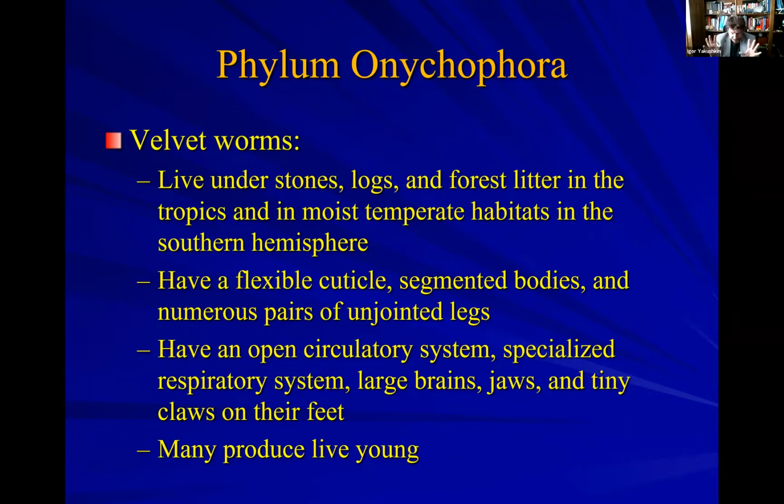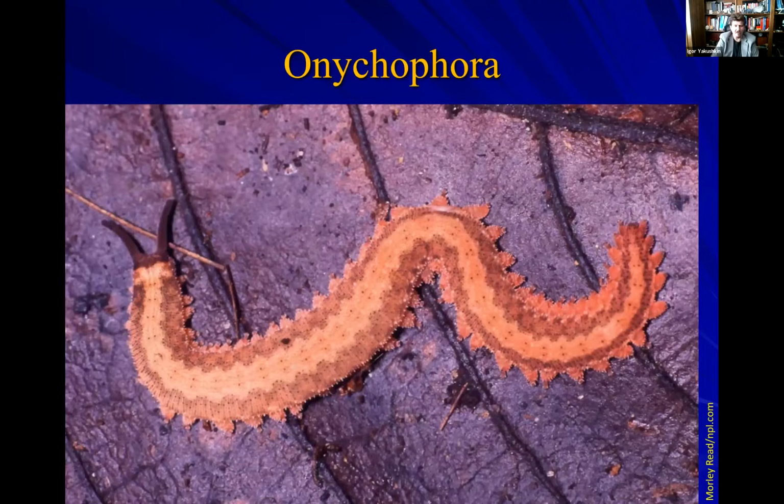It's not like an earthworm becomes an insect, but in this case, it shows two very important things: first of all, segmented bodies, and then legs. They look very cute. They feed off dying leaves, so not really nasty or anything like that.